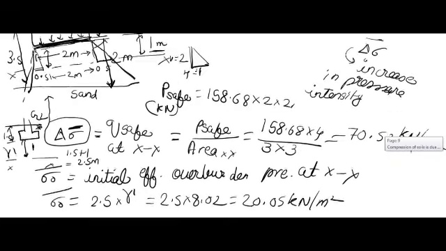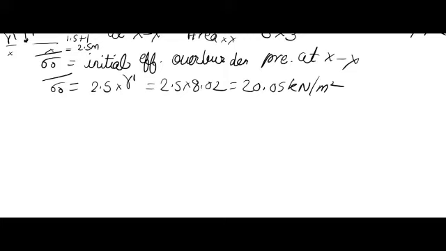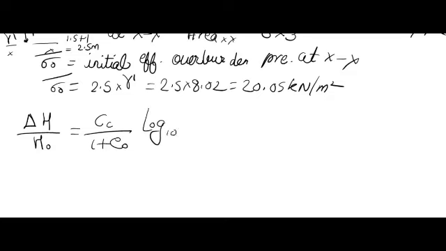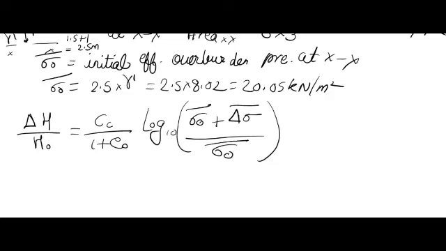So at last we can find delta H, the total settlement, by H0 is nothing but Cc by 1 plus e0 into log 10 of the initial overburden pressure plus the increase in pressure, divided by the initial overburden pressure.